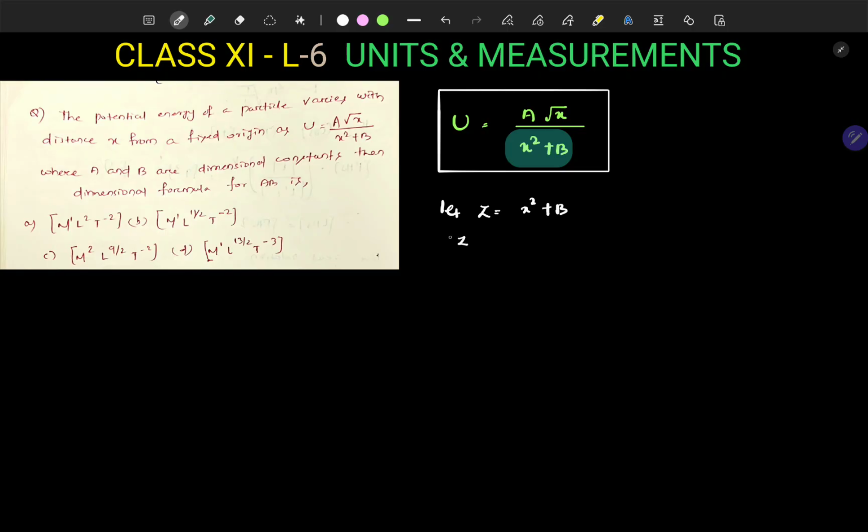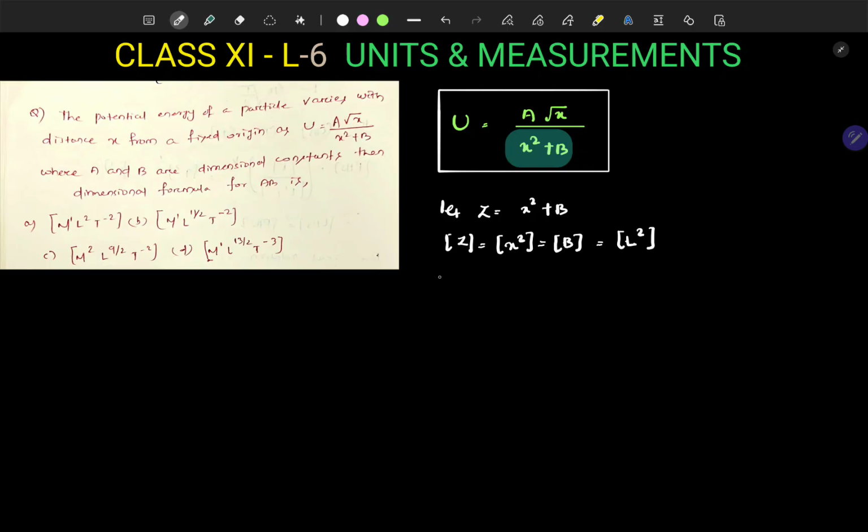That means the dimension of z is equal to the dimension of x square, which is equal to the dimension of b. X is our distance, so the dimension is L power 2. I hope it is clear. So the dimension of b is L2.